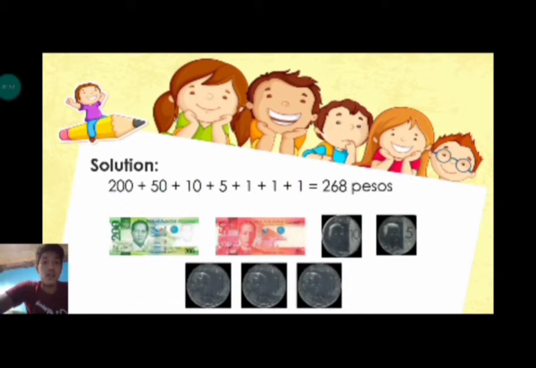Here's our solution: 200 plus 50 plus 10 plus 5 plus 1 plus 1 plus 1 is equal to 268 pesos. Very good.